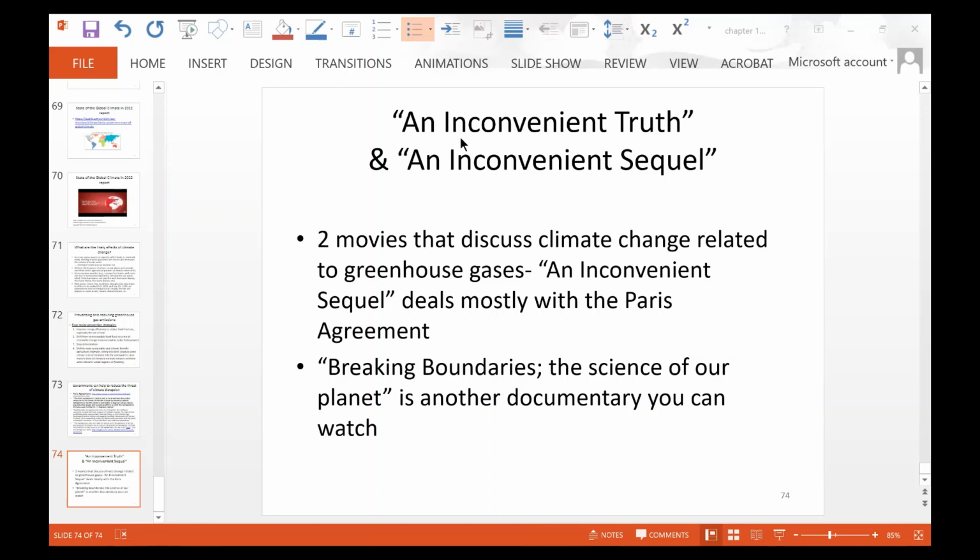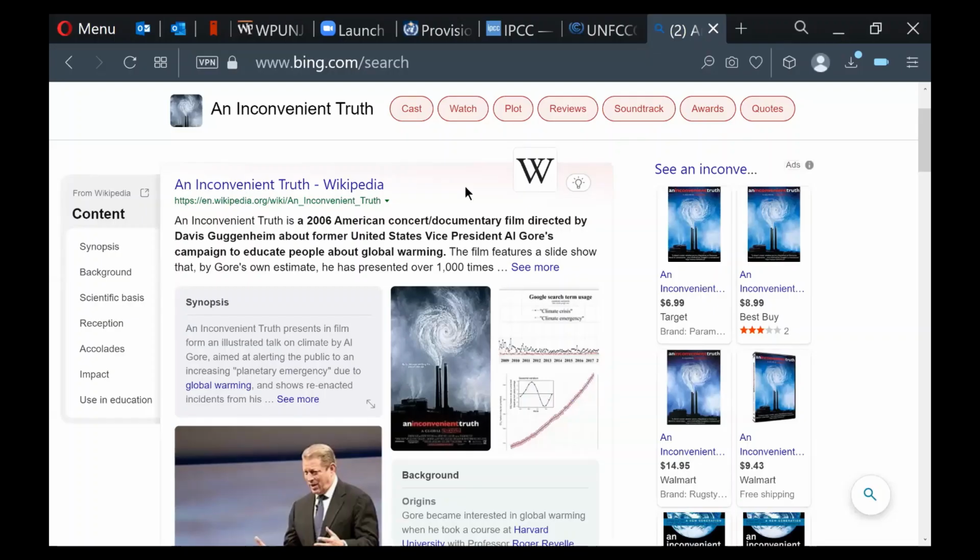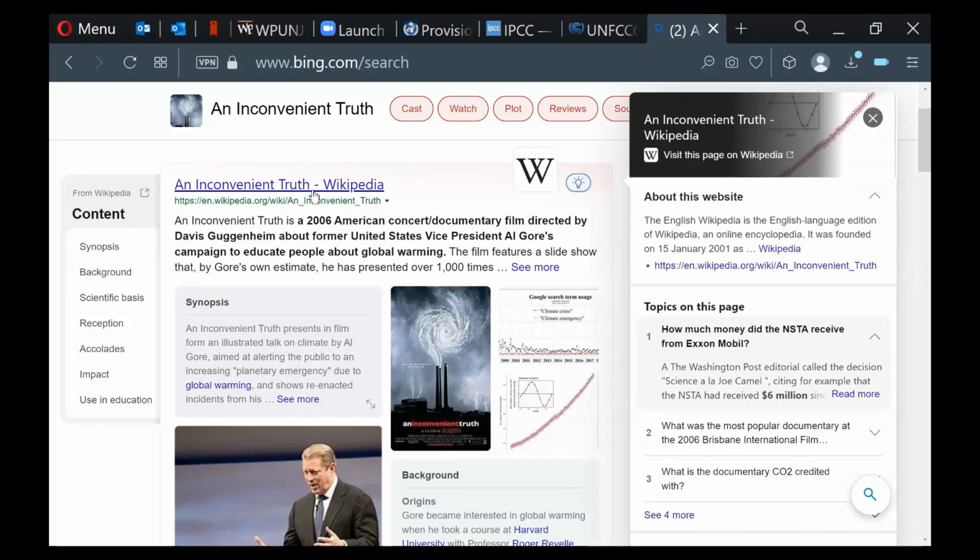And the first movie deals a lot with presenting the information about fossil fuels and greenhouse gases and increasing temperatures and what all the projected effects are going to be about climate change. So here is a link to that. I just want to show you, it is a 2006 movie. So at this point, it's pretty outdated, and that is why there is a sequel.